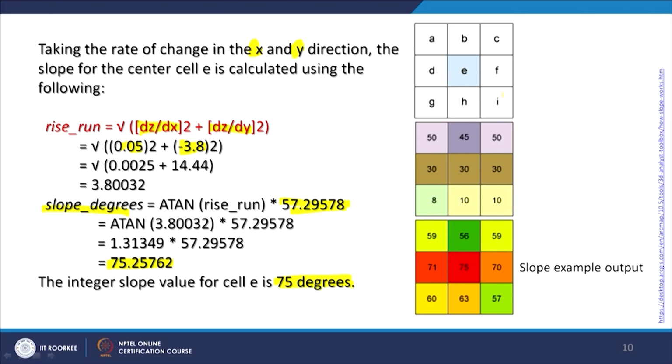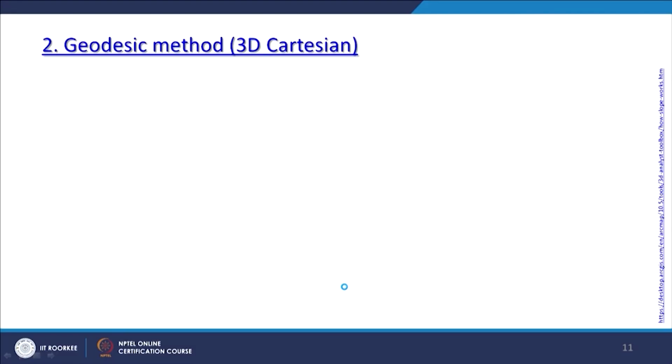We started with this center cell E, and the center cell value initially was 30 degree in the input digital elevation model, but through this neighborhood analysis for planar x y direction slope calculation, ultimately we get for the center cell a slope of 75 degree. So, it is basically a neighborhood analysis.